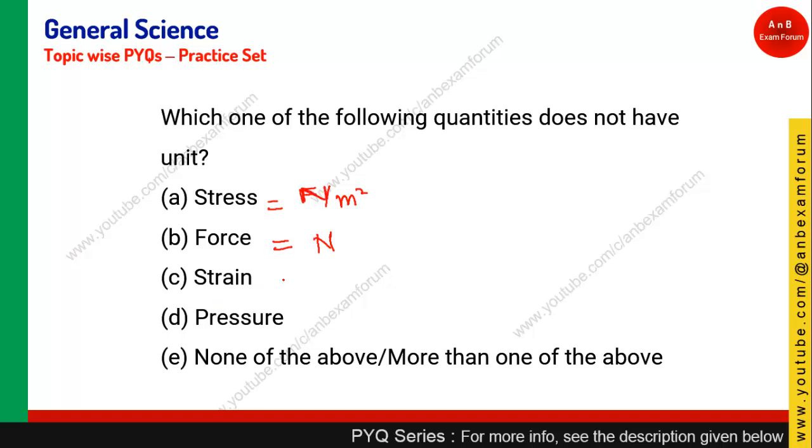Strain is the quantity which is basically dimensionless. Why? Because it is telling you the ratio with which the size of an object is changed. So strain is basically a ratio, a constant, and this quantity does not have any unit. So option C is right.